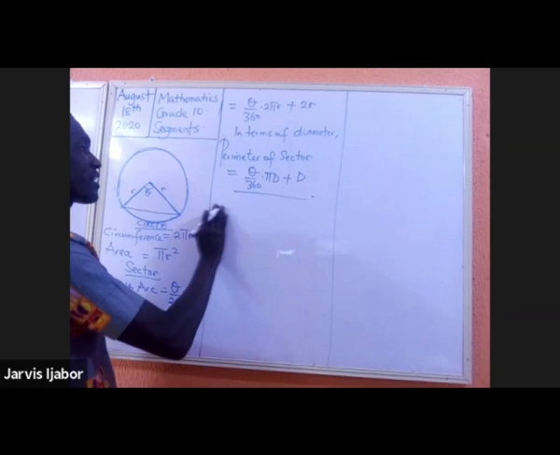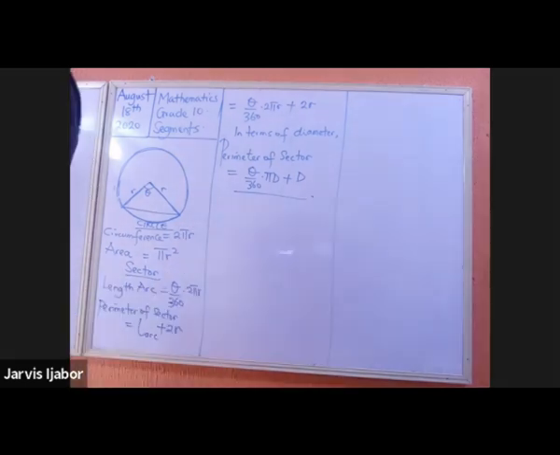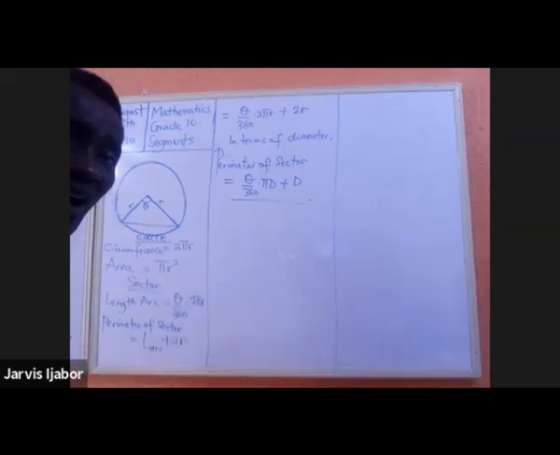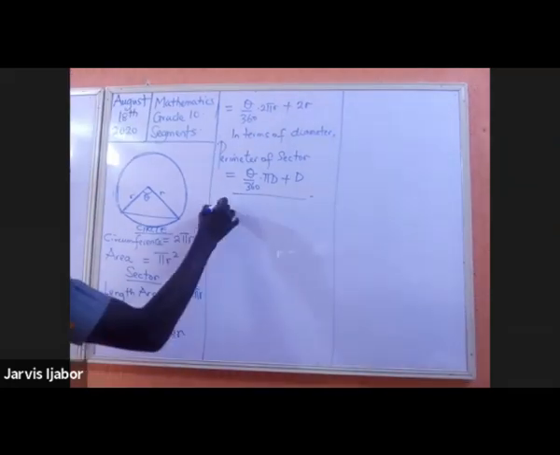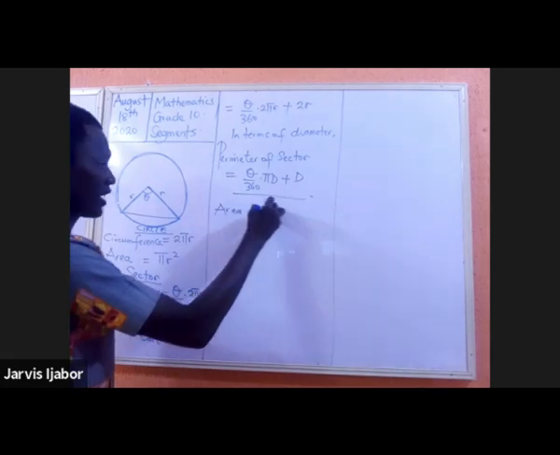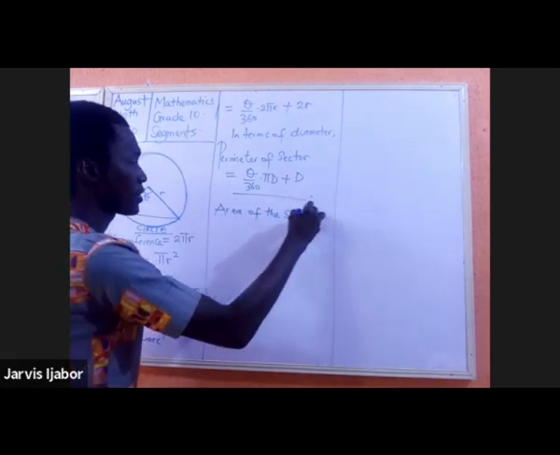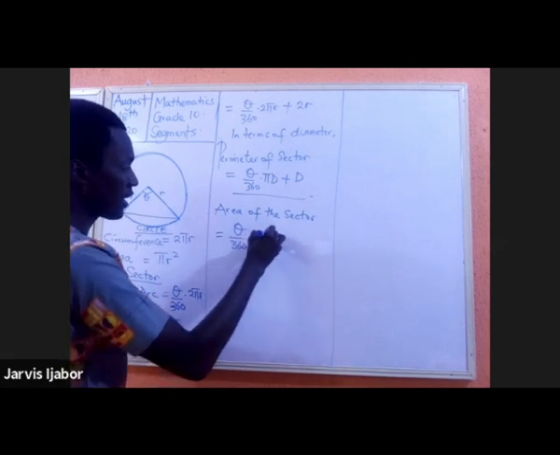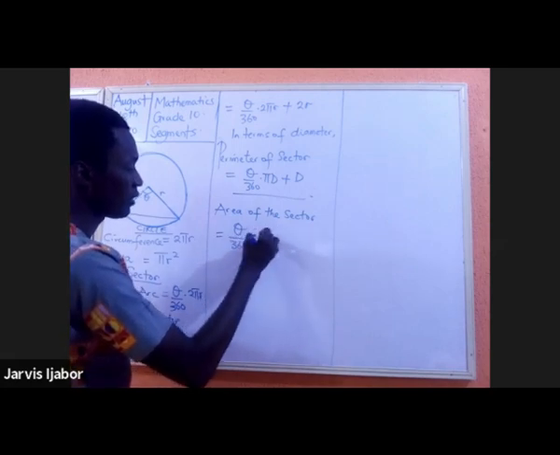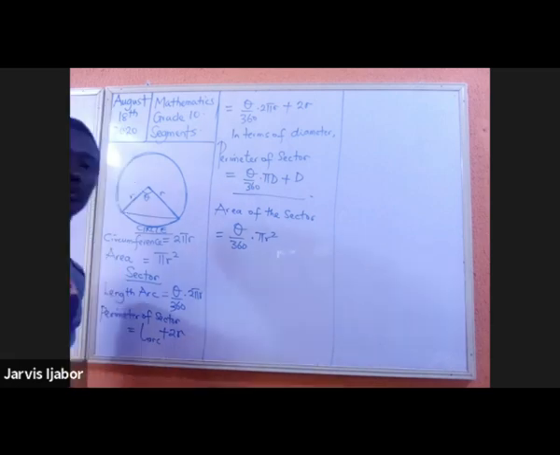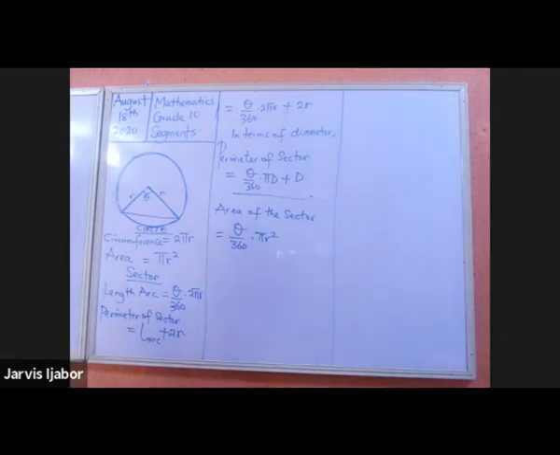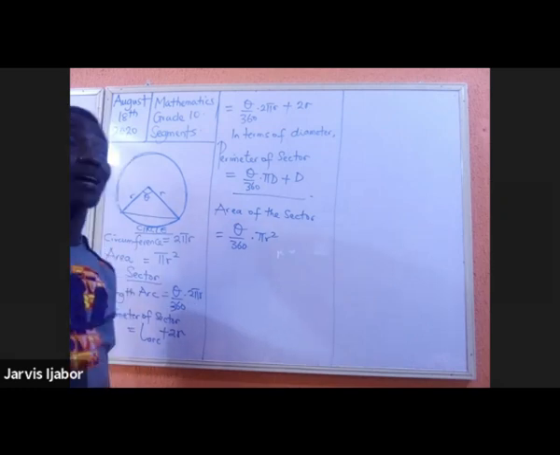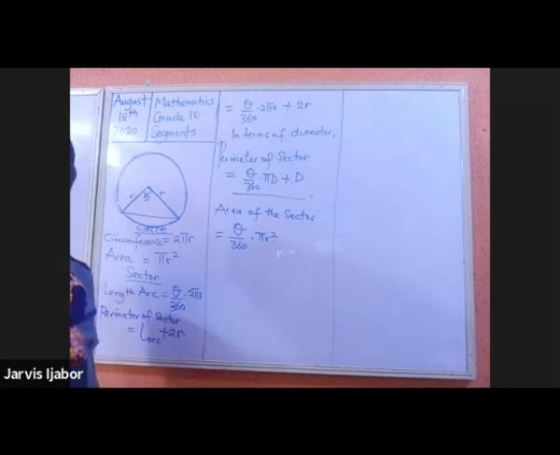Okay, area. What is the area of the sector? The area of the sector will be a portion of the area of the circle. Mathematically, a portion is denoted by theta over 360. So anytime you see theta over 360, you're talking about a portion of.